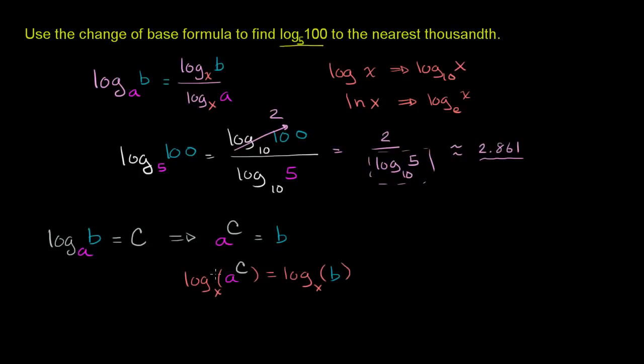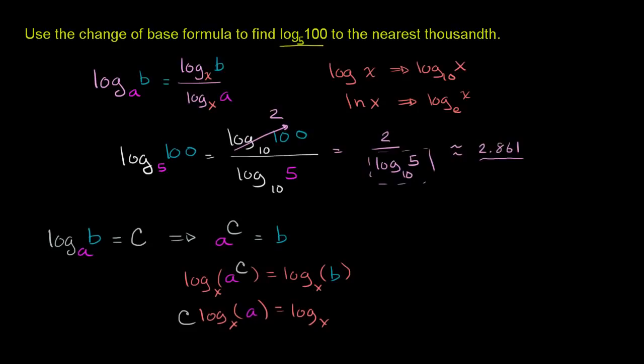And we know from our logarithm properties that log of a to the c is the same thing as c times the logarithm, whatever base we are in, of a. And of course, this is going to be equal to log base x of b.